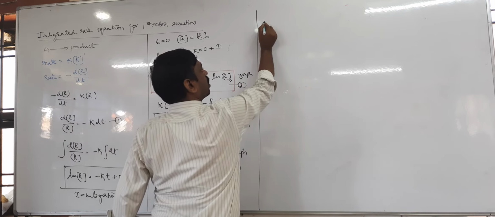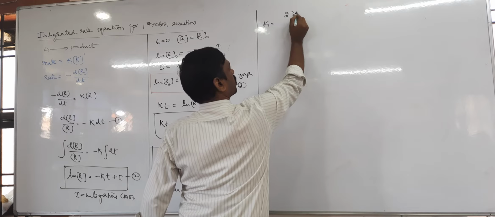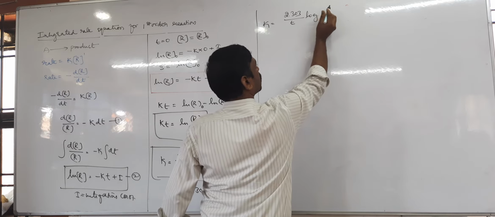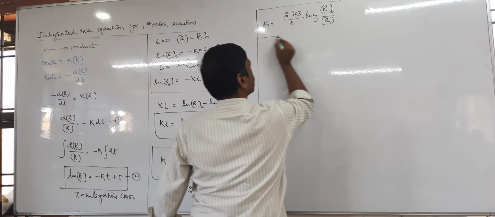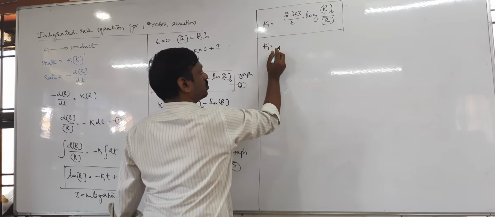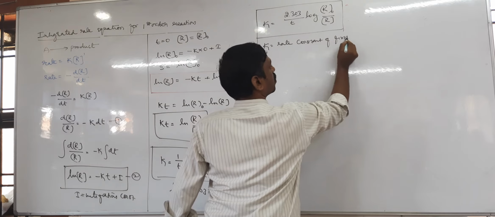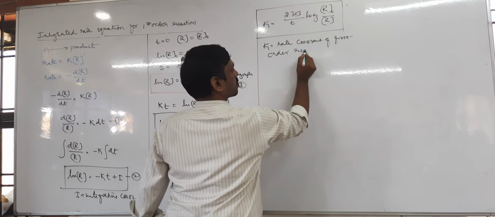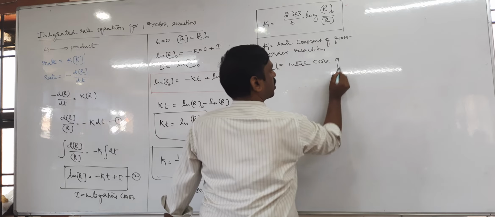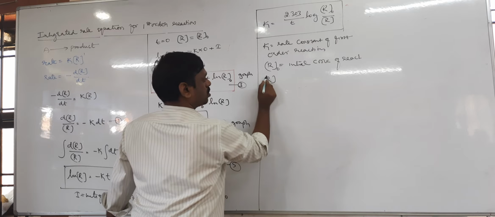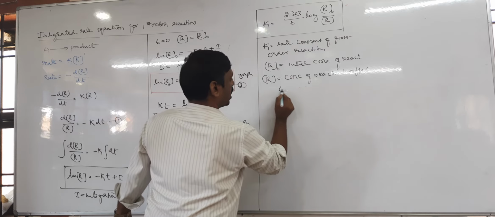So therefore substitute, we get k value equal to 2.303 by t log R naught by R. Where k equal to rate constant of first order reaction, and R naught is initial concentration of reactant, and R is concentration of reactant only after time t.